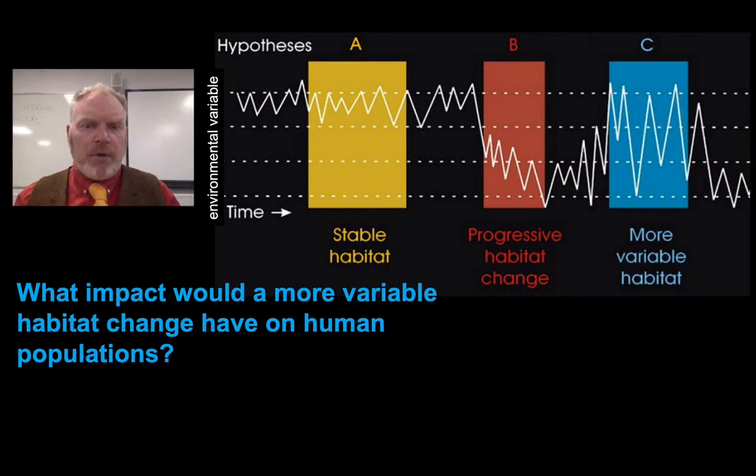If we throw in a different model, though, where we have a variable habitat, where we're seeing big fluctuations and rapid fluctuations in the environment, what's that going to do? Clearly, one particular adaptation may not be advantageous over a long period of time. We won't get that progressive selection of particular characteristics. What impact do you think this would have?